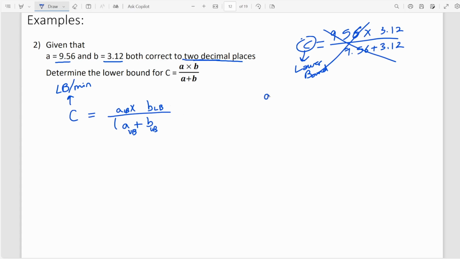Okay, so A is equal to 9.56, and it's being rounded to 2 decimal places. So 2 decimal places, this is the first decimal, this is the second. Replace the second by 1, turn everything else to a 0, divide the unit of round by 2, and this gives us 0.005.